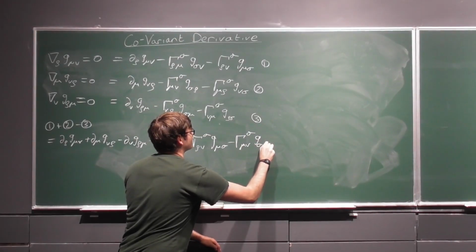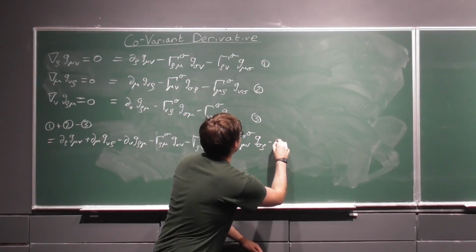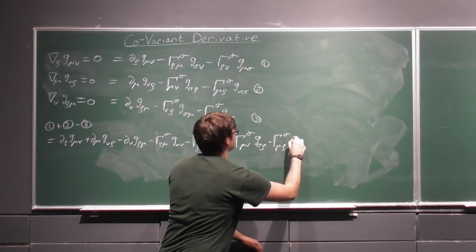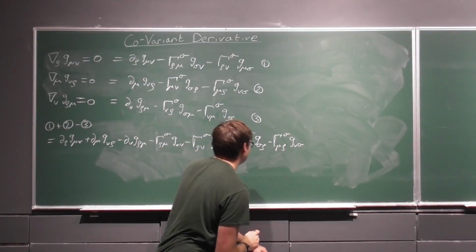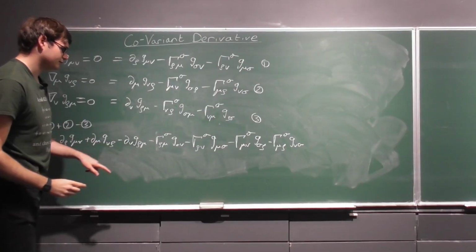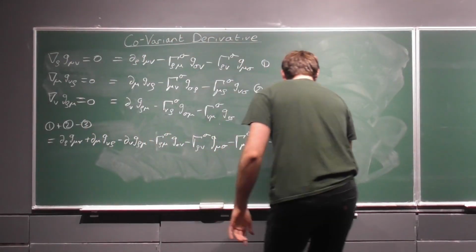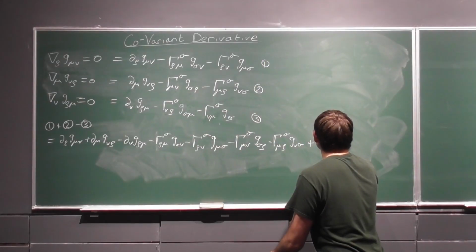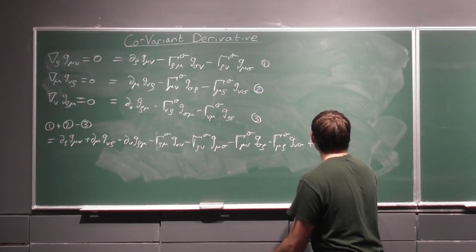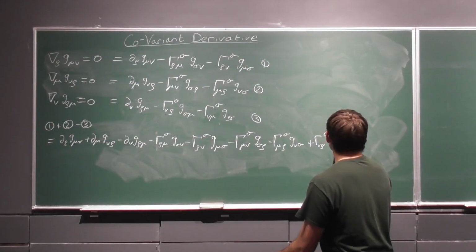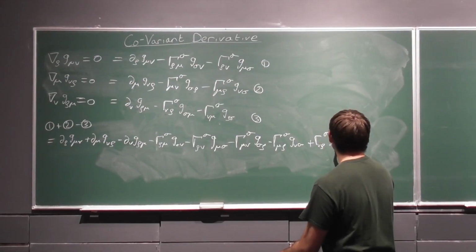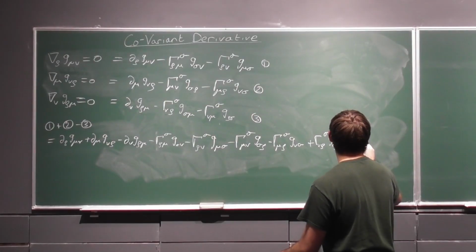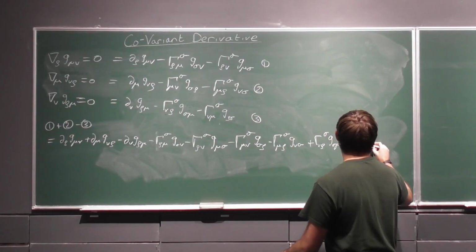G sigma rho, minus gamma sigma mu rho g mu sigma. Let's add them in. Then there are just these last terms, which are getting minuses, so the minuses are going to cancel: gamma sigma nu rho g sigma nu plus gamma sigma nu mu g rho sigma.